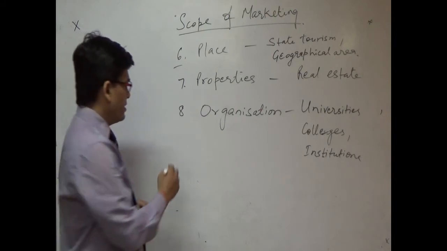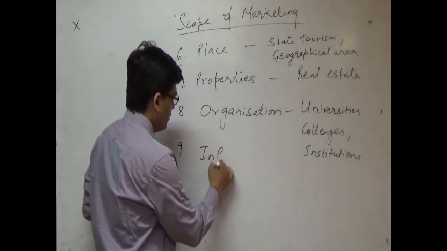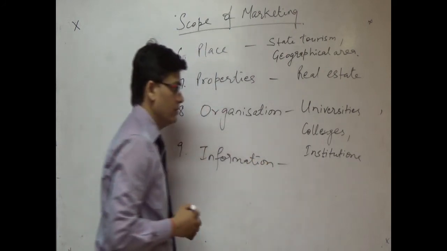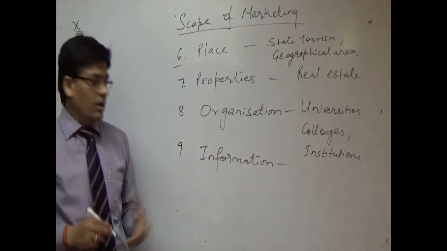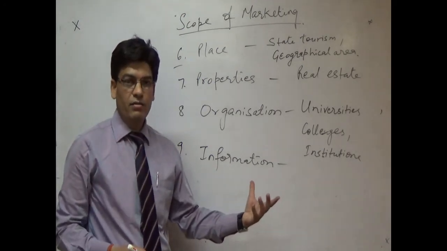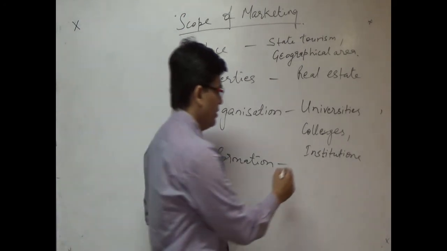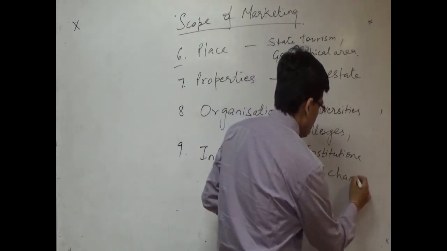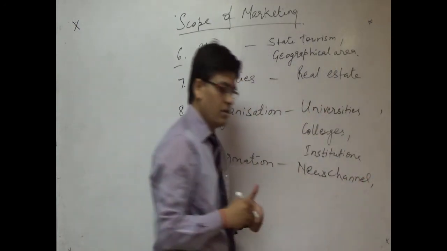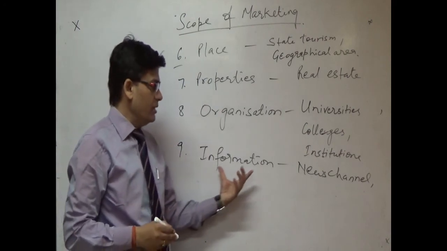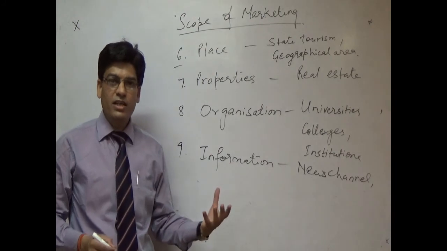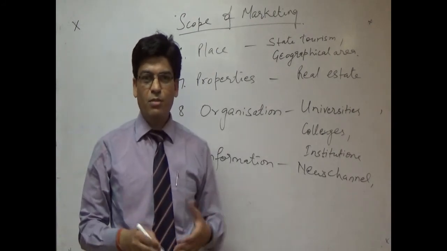Then next is information. Information could also be marketed. For example, your news channels, your magazines, and so on. So what do they market about information? Somebody says, "Humse tej, sabse tej."